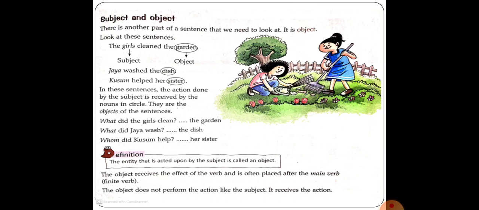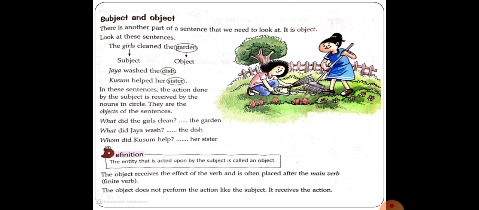You can see it always answers a question just like the predicate part did, but it answers in short. What did the girls clean? The garden. Means they cleaned the garden. Again, what did Jaya wash? The dish. Whom did Kusum help? Her sister. So these all are the object part.